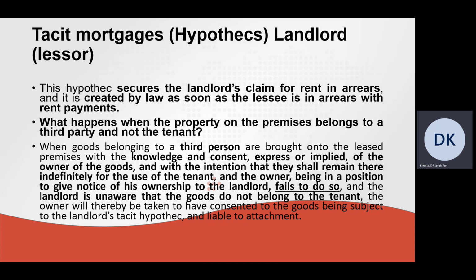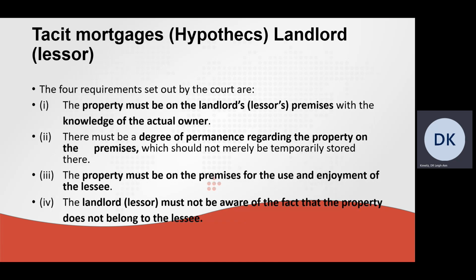When goods belonging to a third person are brought onto the leased premises with the knowledge and consent, express or implied, of the owner of the goods, and with the intention that they shall remain there indefinitely for the use of the tenant, and the owner, being in a position to give notice of his ownership to the landlord, fails to do so, and the landlord is unaware that the goods do not belong to the tenant, the owner will therefore be taken to have consented to the goods being subject to the landlord's tacit hypothec and liable to attachment.